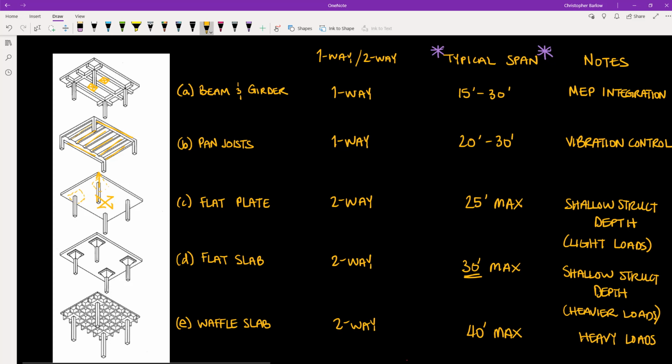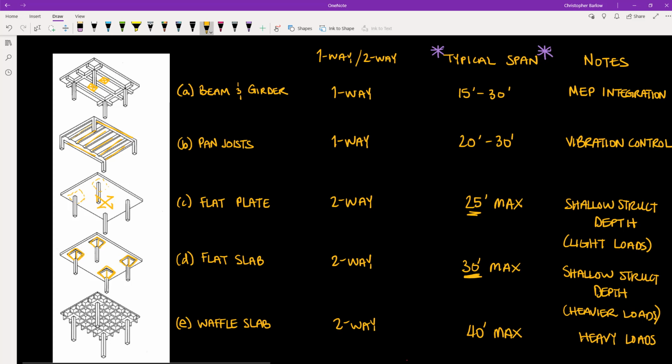And so, to mitigate that, we're looking at a flat slab system where we have these drop panels put in place, which are just square or rectangular sections of concrete added above the column. And we can also add these column capitals to further increase the capacity of the columns. So flat slabs are ideal, again, when we want to achieve a very shallow structural depth, but we may have either heavier loads or a larger span required.